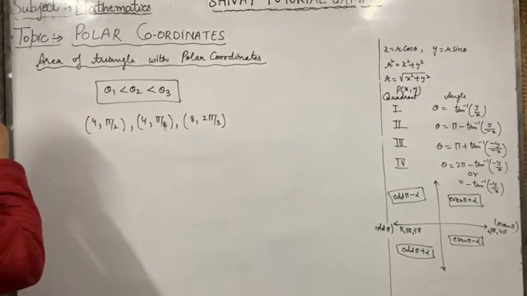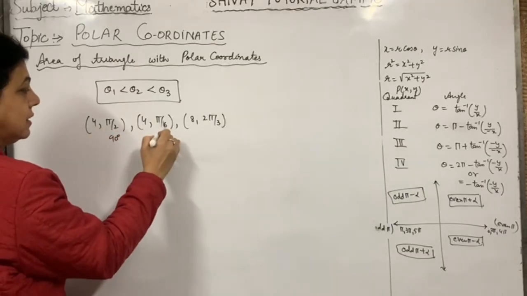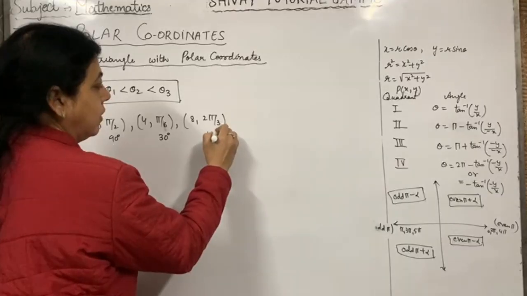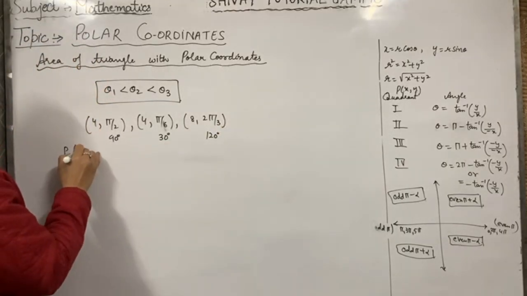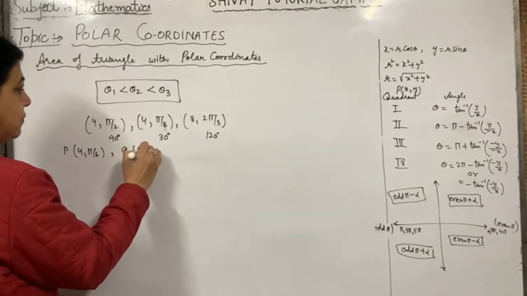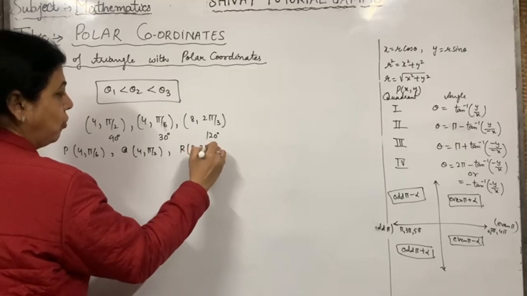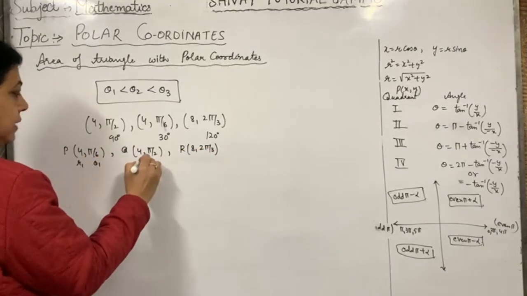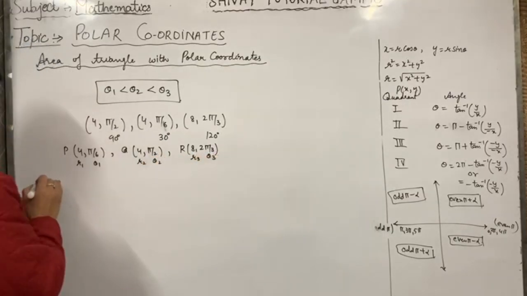Firstly, this is 90 degrees, this is 30 degrees and this is 120 degrees. This is the smaller one. So we will take P as (4, pi by 6), Q as (4, pi by 2) and R as (8, 2 pi by 3).